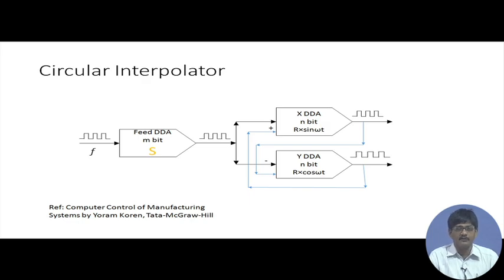Many combinations are possible, but this is a typical one, and in addition we have feedback from the output pulses, so that r omega sin omega t and cos omega t get updated with time, and the rates of the pulse outputs from x and y also get updated in time.